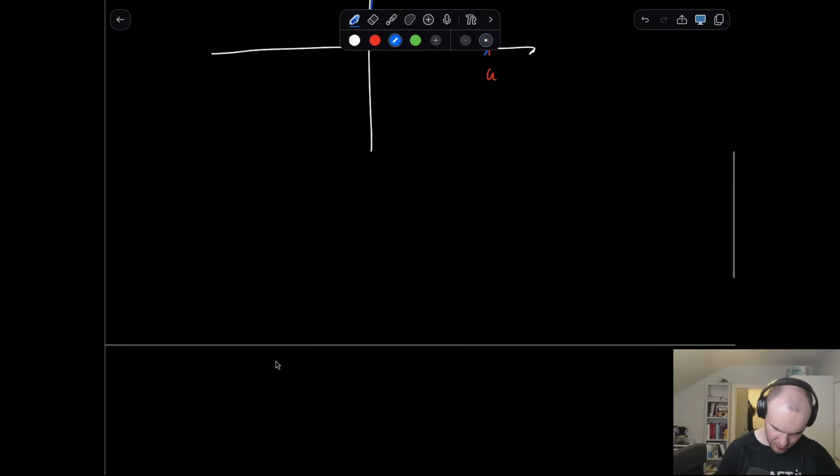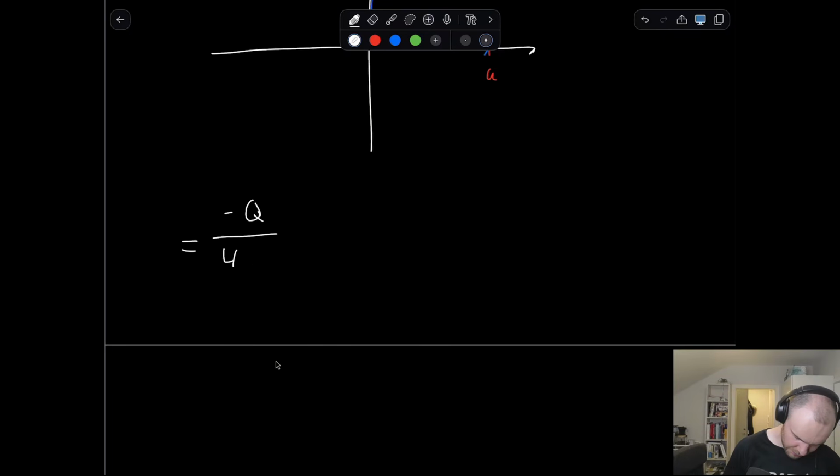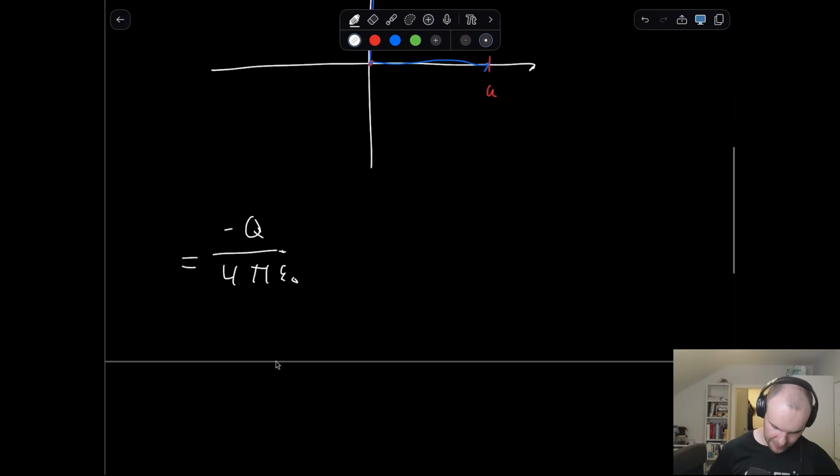To find that, it's just minus Q over 4 pi epsilon 0. Then we have the relative vector. We just have A and A. We can factor out A, so A can go. We can just have 1 and 1 instead.